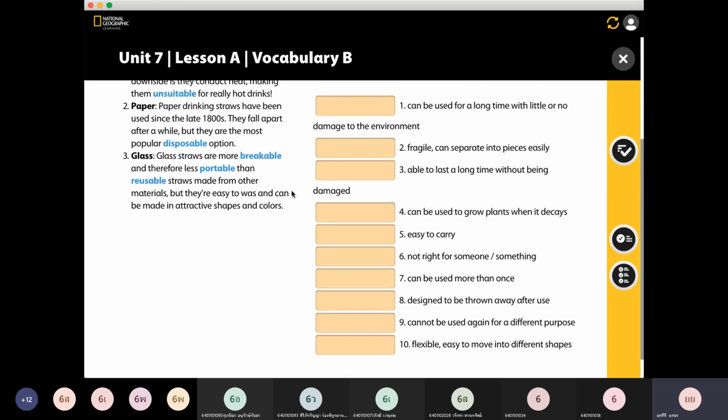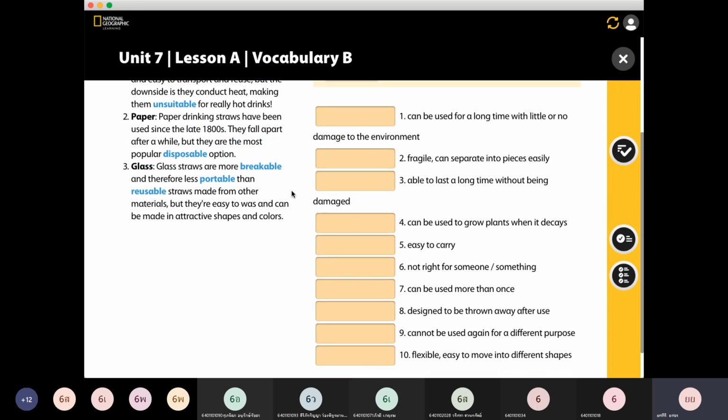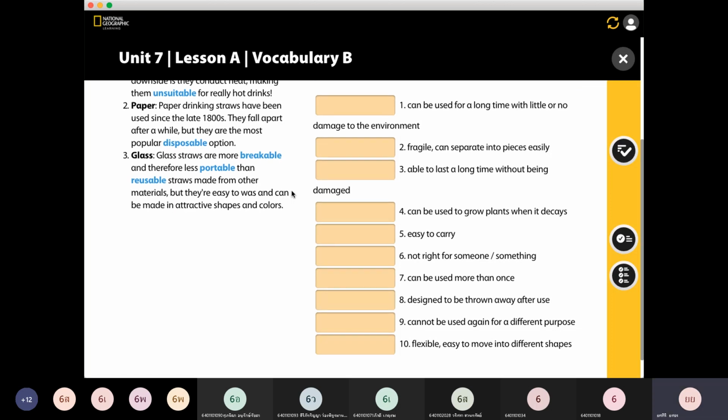So just spend some time on that. Can you match the adjectives with the meanings here? Whenever you get the answer, we can share the answers together.